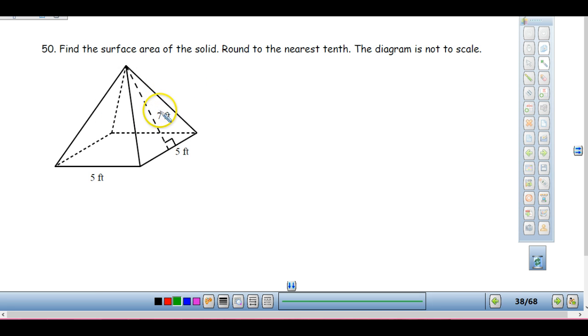Okay, surface area of our pyramid is now, that's volume, okay, so now it's the area of my base plus 1/2 times the perimeter times the slant height.